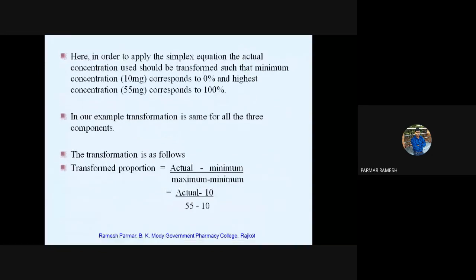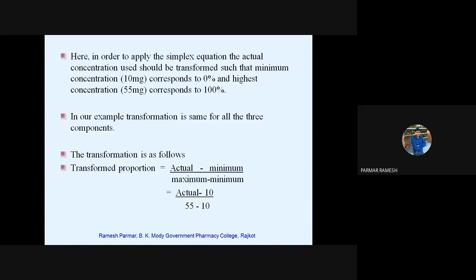So now the space becomes 10 milligram, that is 0%, and 55 milligram, that is 100%, because we need to use the other two excipients at a minimum of 10 milligram. So 10 plus 10, 20, is deducted from 75. So our range is 10 to 55.